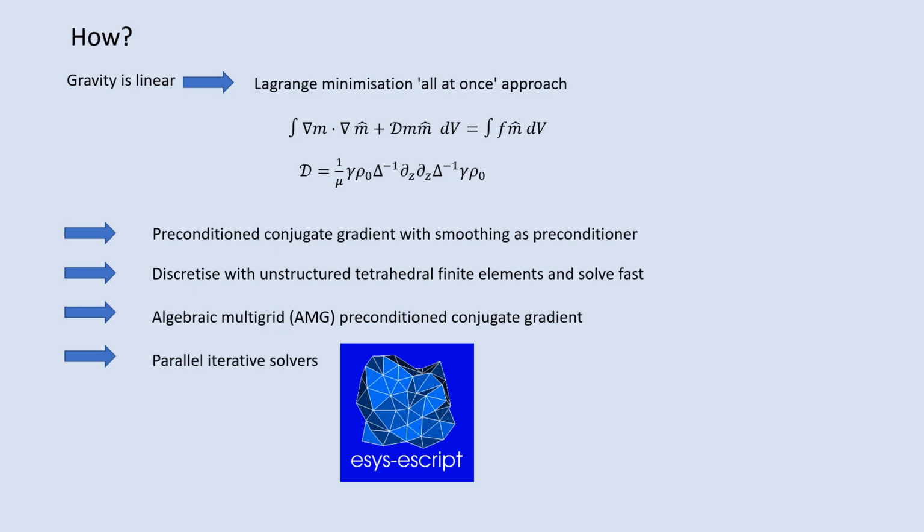AMG is fantastic in that a lot of the work that needs to be done is performed on smaller systems representing the big system and not on the big system itself that we need to solve. It reduces the amount of time spent solving the discrete equations, and we use the ESYS eScript implementation that is parallelized, speeding up the compute time.